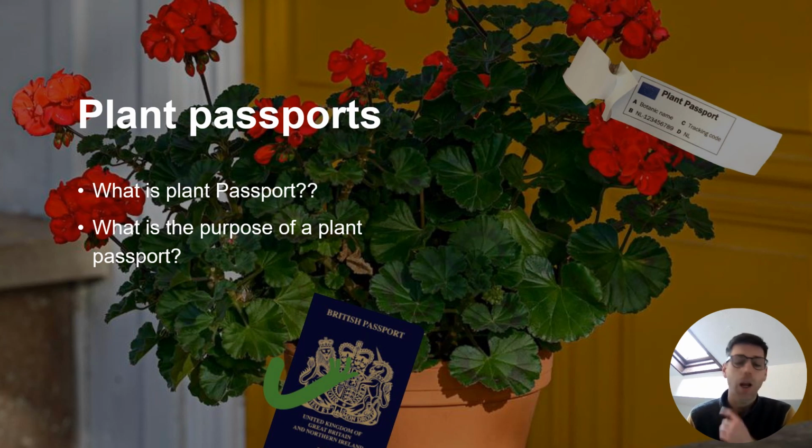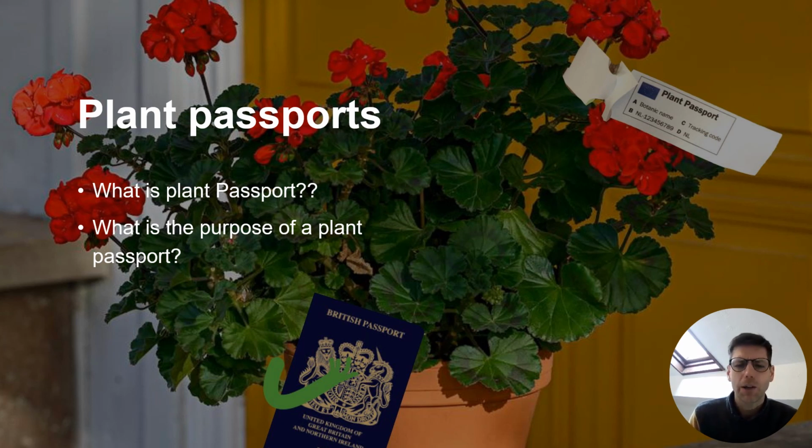Now, plant passports. This is something that's come in fairly recently in this format anyway. So a UK plant passport is an official label that's needed for the movement of regulated plants and plant products within Great Britain and between the Crown dependencies.